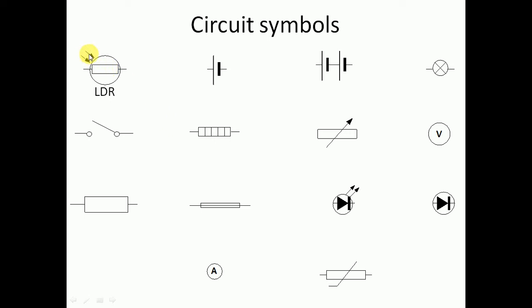And these are components that are sensitive to light, and their resistance changes according to the light intensity. And these are used for things such as street lights, so that's why the street lights come on automatically at night, and you can also buy these so you can have lights that automatically come on at night.